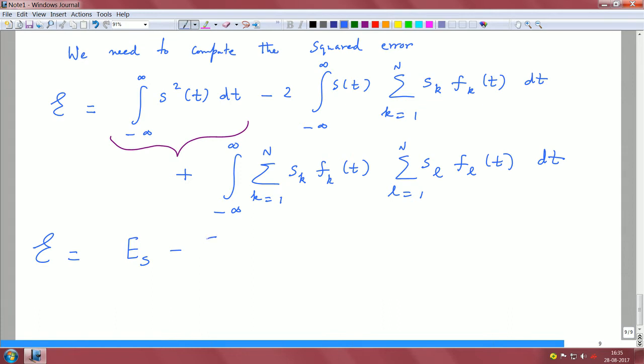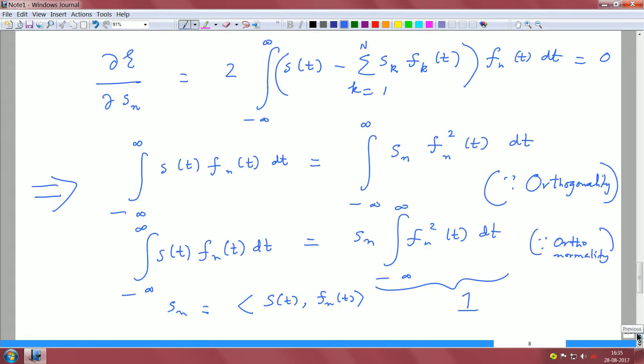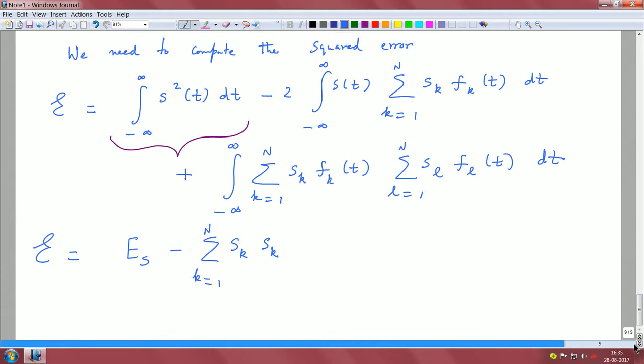So you just end up with the sum k equals 1 to n of s_k, because when you take this integral, the inner product of s(t) with f_k(t), you get s_k. Because that is our definition, right. If you go back here, s_n is the inner product of the signal s(t) with f_n(t). So this step is straightforward.